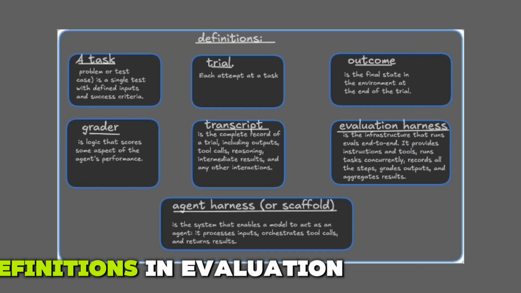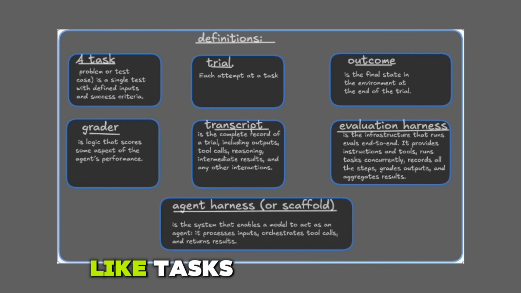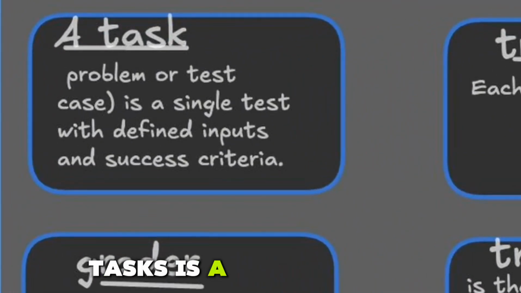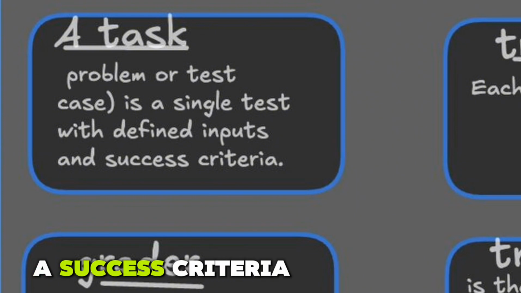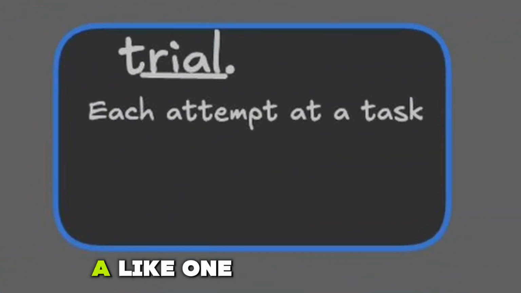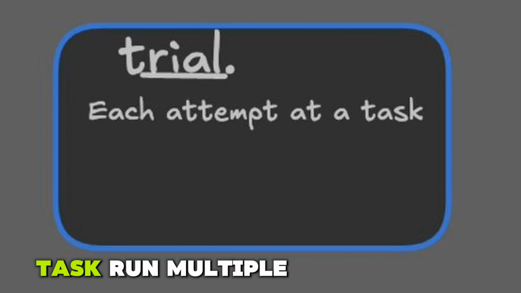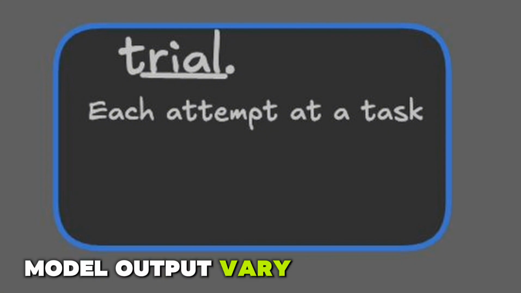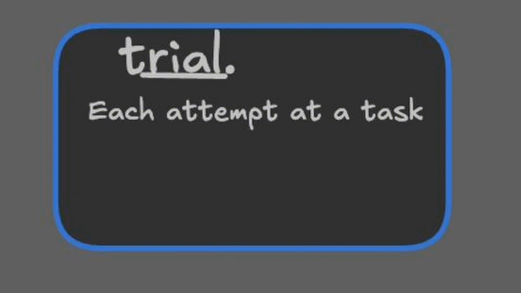There are key definitions in evaluation. First, tasks. A task is a single test with a defined input and success criteria. Then there is a trial. A trial is one attempt at a task; you run multiple trials because model output varies between runs.